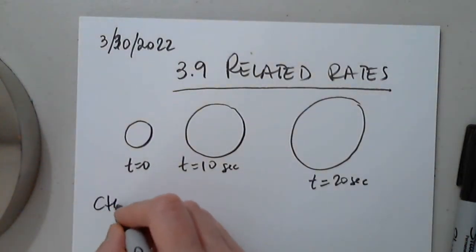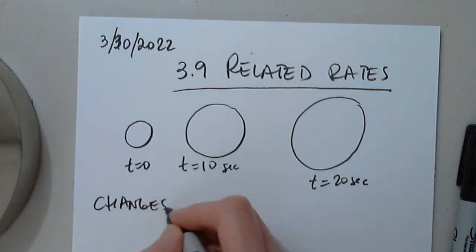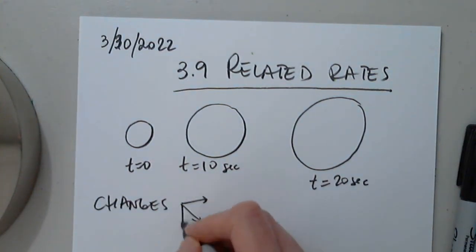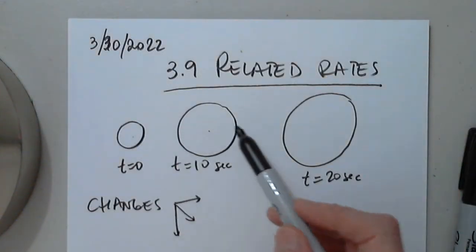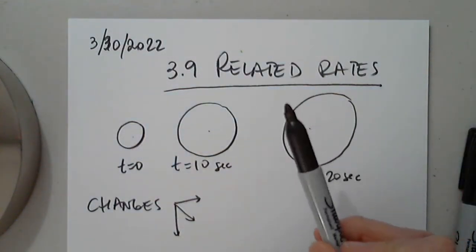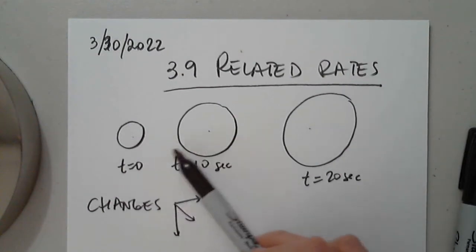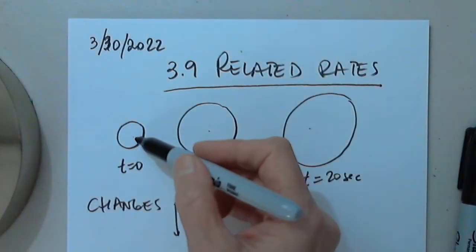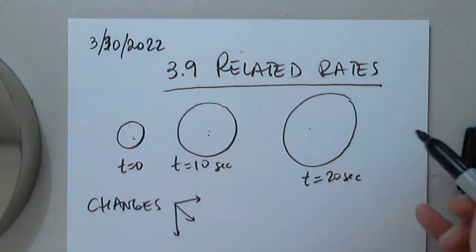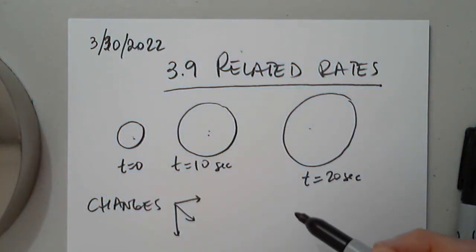What changes? From here, here, here. What changed? Or what changes when we blow air into a balloon and we get into different stages? What do you think?